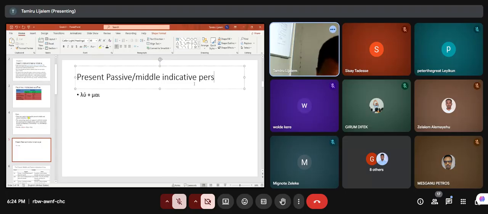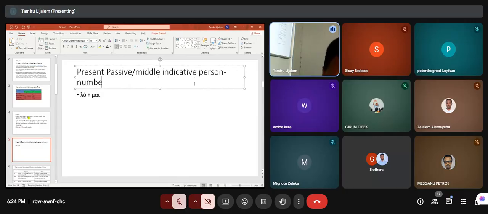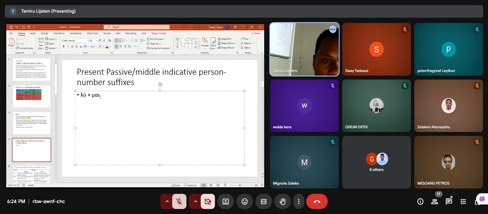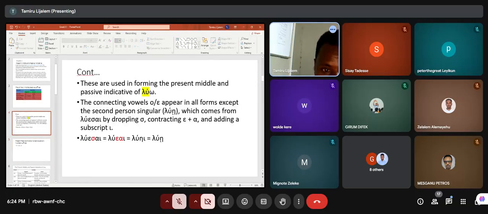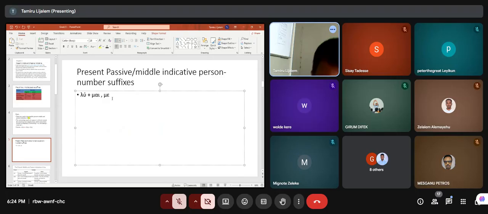Person, number, suffixes. So you have mai, and the plural one is what? The plural one is metha. Not metha.